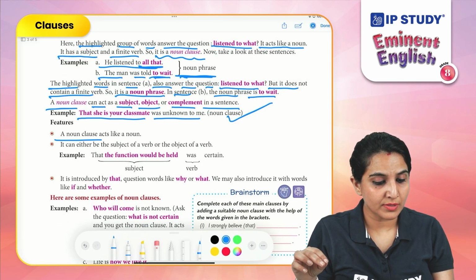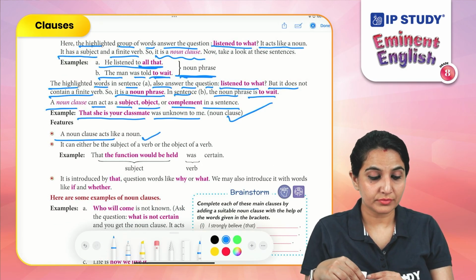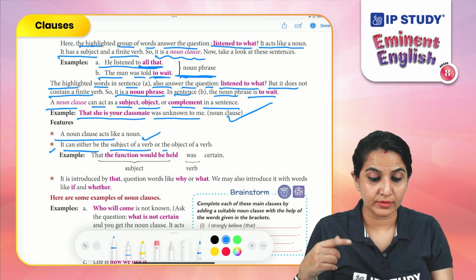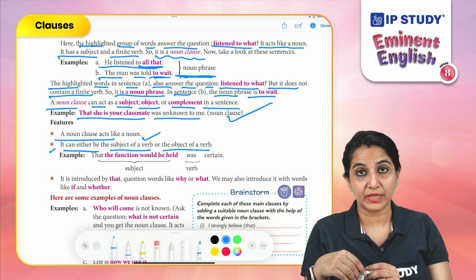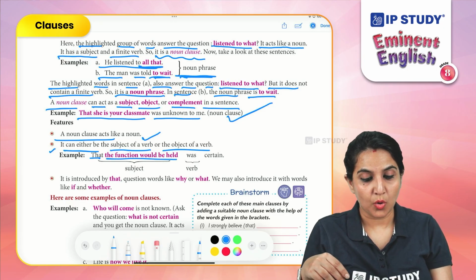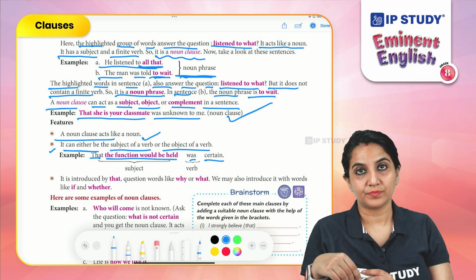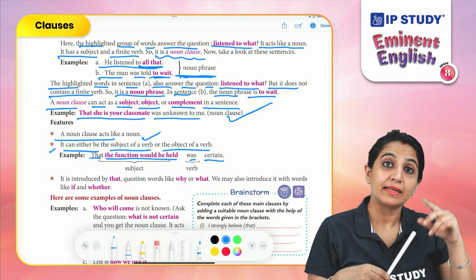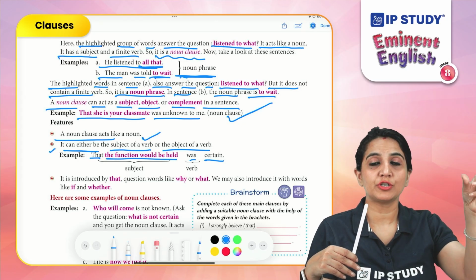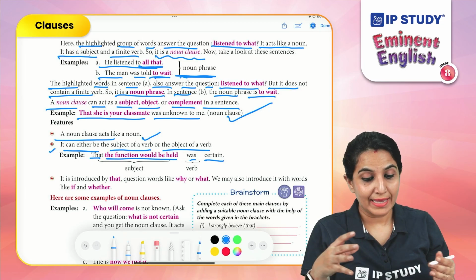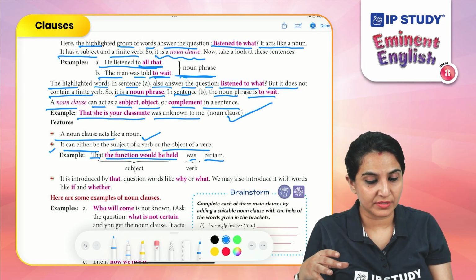A noun clause acts like a noun. It can either be the subject of a verb or the object of a verb. For example, that the function would be held was certain. So, the noun clause is, the function would be held. The fact that the function would be held was certain. So, now in this noun clause, we have a subject and a verb as well.